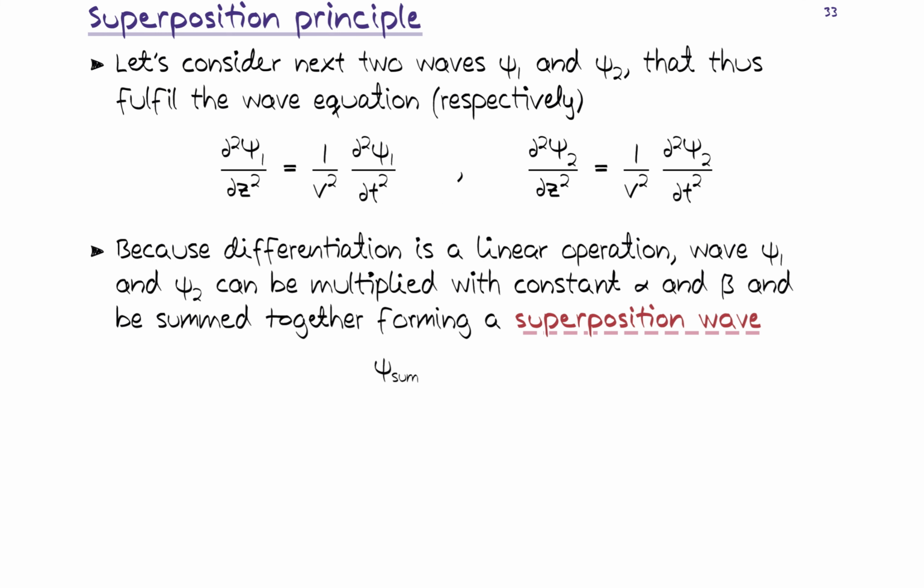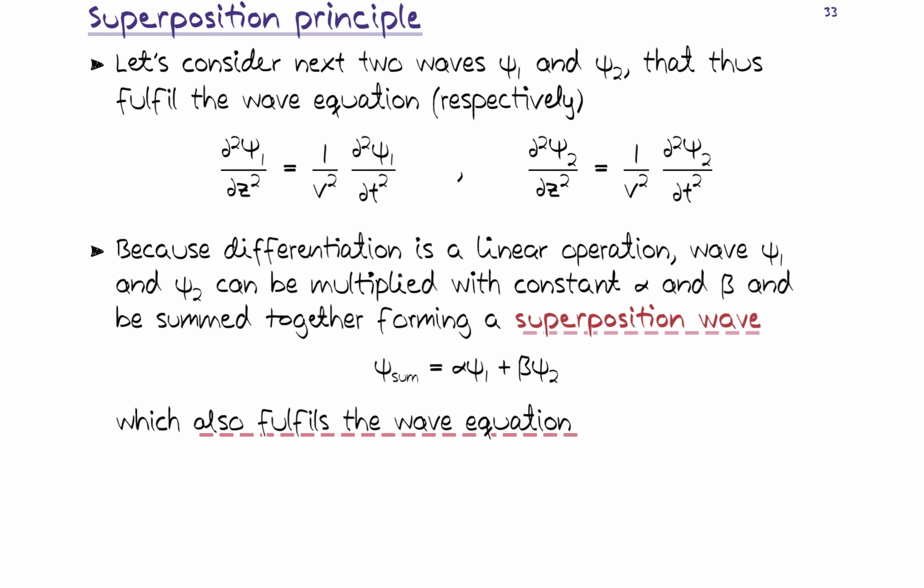So the resultant wave, or sum wave, or superposition wave, psi sum, we can always form this kind of wave that will be of the form alpha times psi1 plus beta times psi2. And since differentiation is a linear operator, we right away know that this resultant wave, this superposition wave, this summed wave, also fulfills the wave equation.